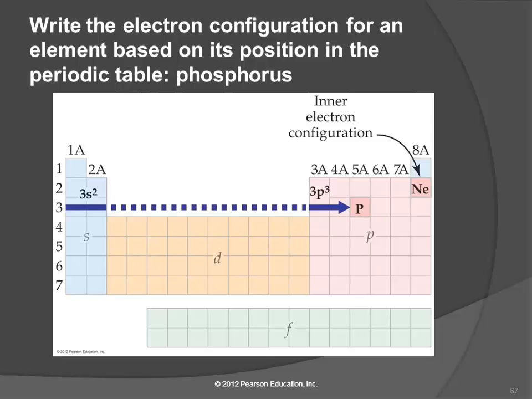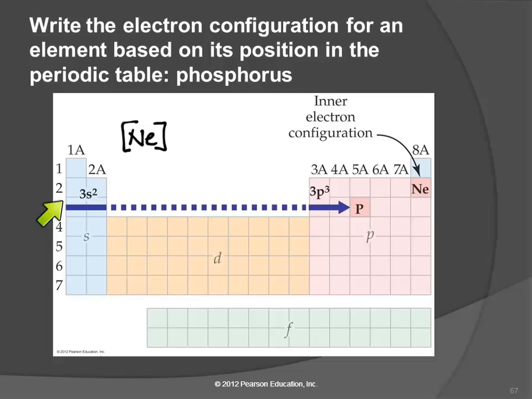So here's phosphorus, and if we're going to use the noble gas configuration or shorthand, we're just going to go up 1 level to the end, and there's neon. And so we're going to write neon in brackets because this is neon plus.